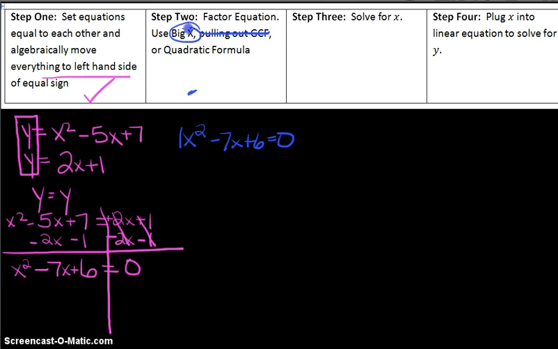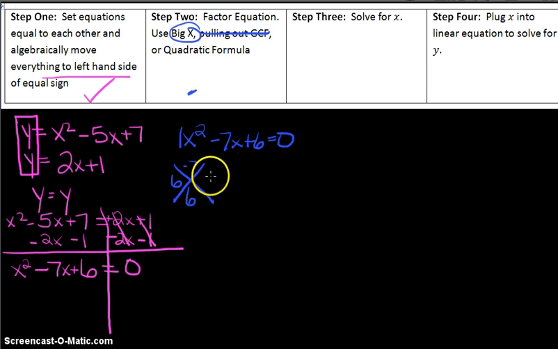So I'm going to see if this big X game is going to work. So I make a big X, and what goes up top is our B, which is negative 7, and what goes on the bottom is A times C, so 1 times 6, which is 6. And I actually do. The big X game does work.